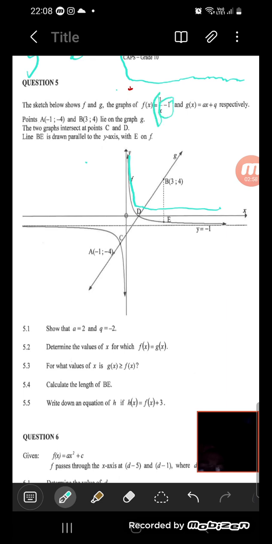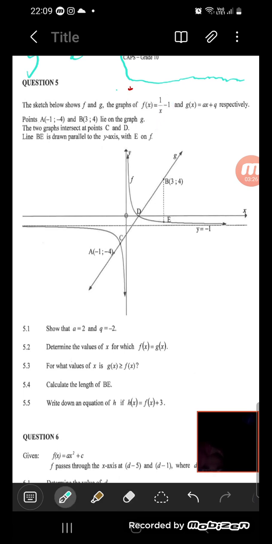I minused 1 from it. Whatever I minus from it moves the whole entire graph down by 1. If I added 1, it would move the whole graph up by 1. Oh, the electricity's back, from load shedding. So it moves it all down by 1.